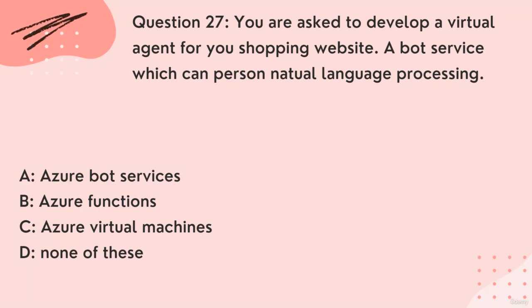When we discussed that Azure has many templates, within Azure App Service we have a bot template in which we can use cognitive analysis, natural language processing, video interpretation, image interpretation, multiple options. They already have APIs for them, which you can use to create a virtual agent for your application. So the answer is option A, Azure Bot Service.